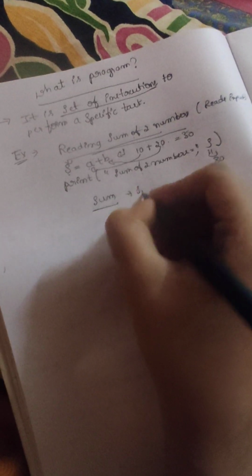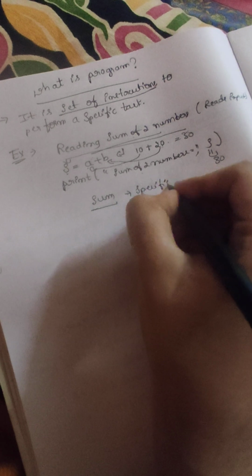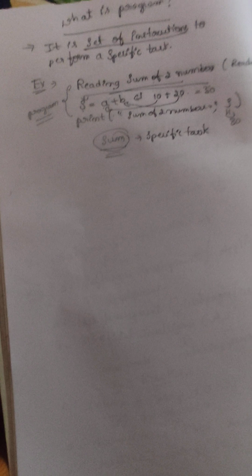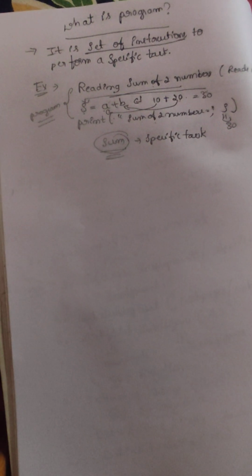Here the specific task is a sum. Here three lines of set of instructions are performing a specific task called sum. So these three lines we can call a program. I hope you have understood what is a program.